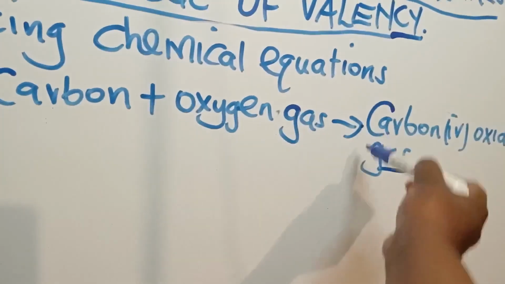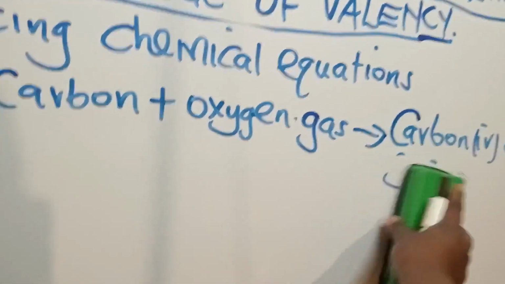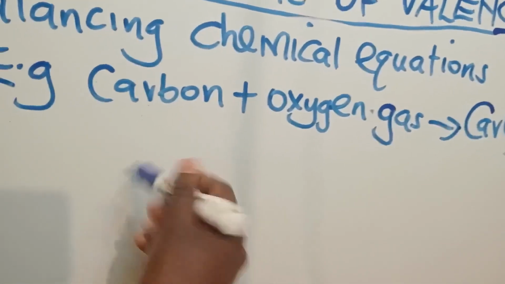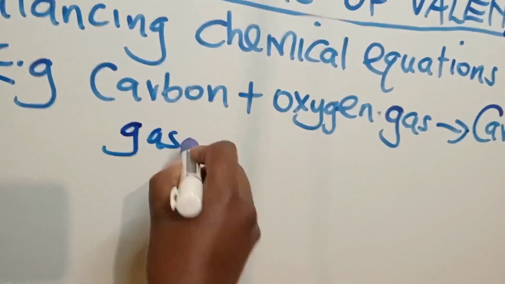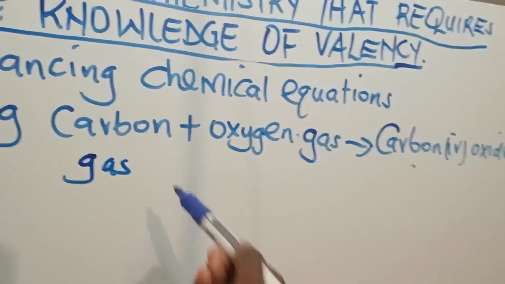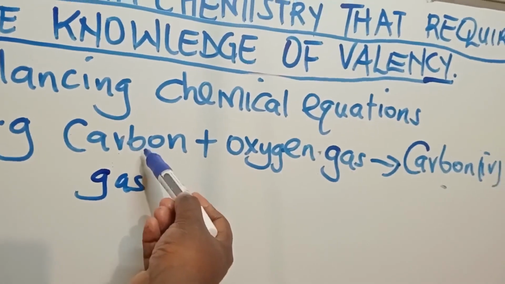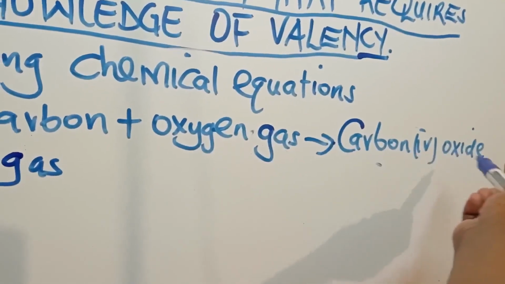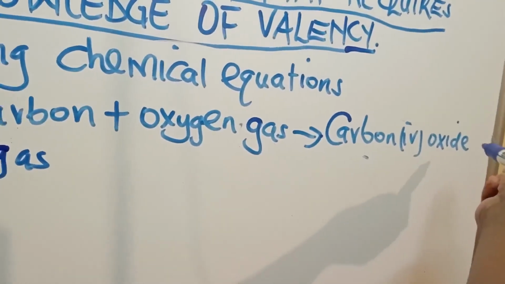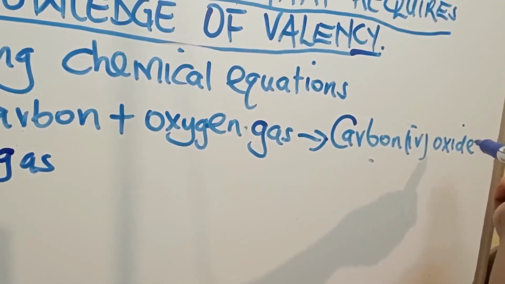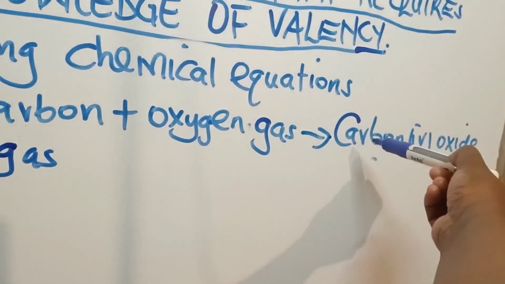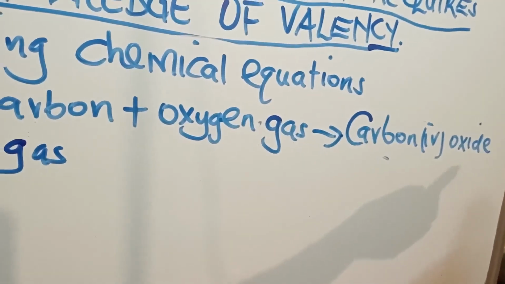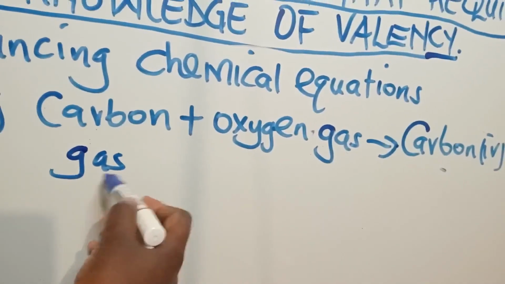If you make a mistake and you come writing it on the other side, you read in your mind: this is carbon plus oxygen gas plus carbon 4 oxide, and then because the word gas did not fit at the end, you come writing it on this side.